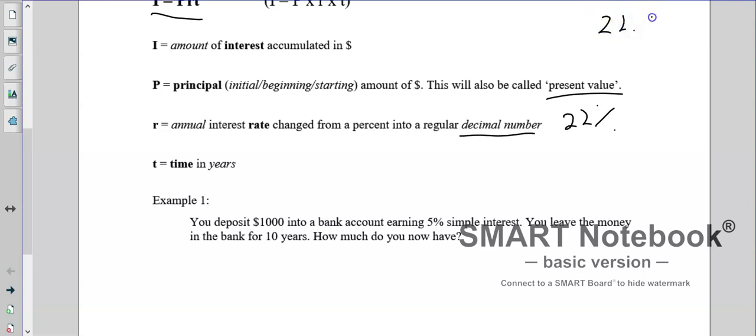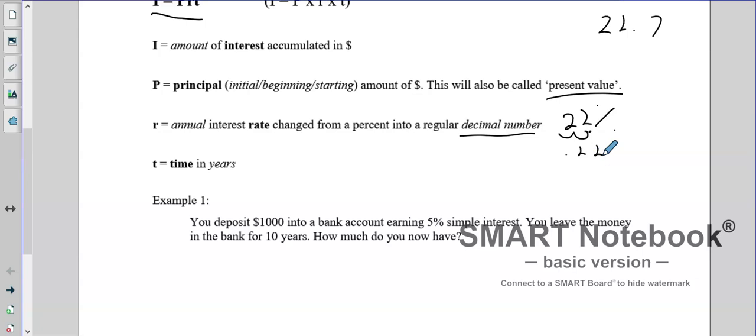If we had 22.7, the decimal would be right there. The decimal is still there, we just don't write it. So 22%, when we change to a decimal, we move 2 places to the left, that's 0.22.